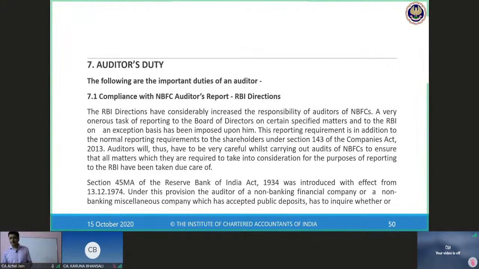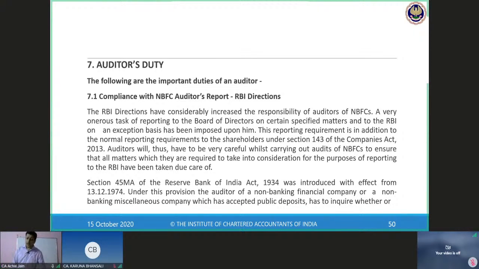Moving further, about the duties of the auditor. So let's understand what his duties are. Compliance with the NBFC Auditor's Report, RBI directions. Directions of RBI have increased considerably, and this has increased the responsibility of the auditor.